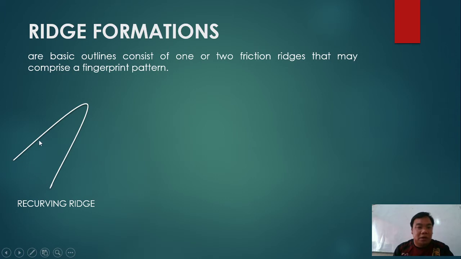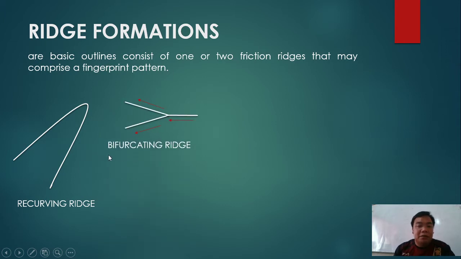So this is our recurving ridge. We also call it a looping ridge because it creates a loop. This portion is the loop. So we have this shoulder and the sufficient recurve, and then it returns to the direction where it started. So this is our recurving ridge.